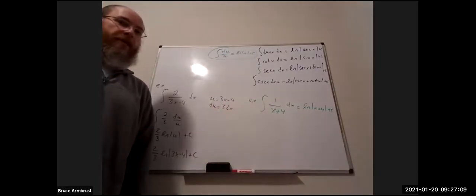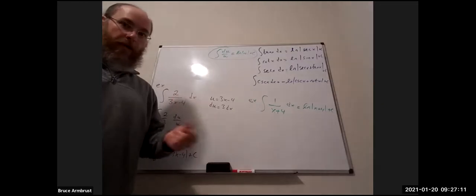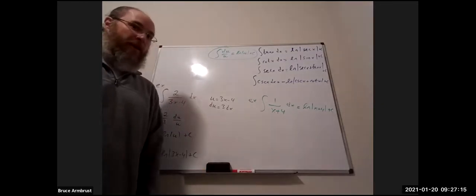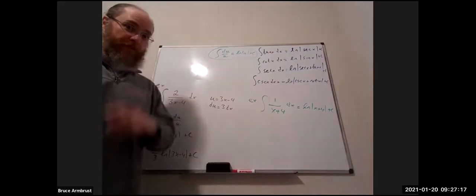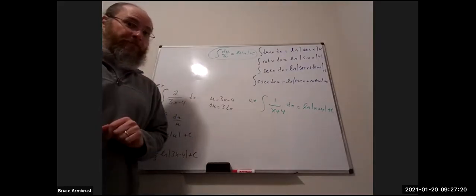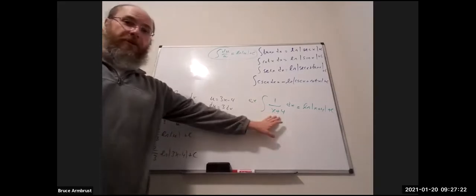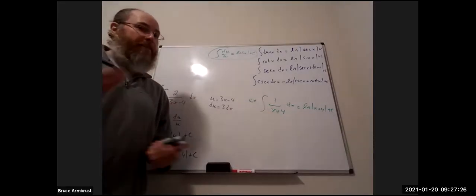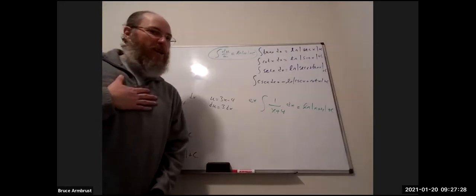So this can be quick. Once you do a dozen of these, 20 of these, you'll see the pattern, and you won't even think about it anymore. You'll go, oh, I've got a linear on the bottom. Boom, I'm done.